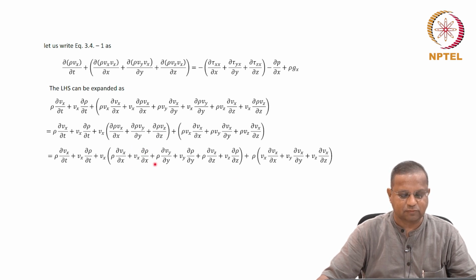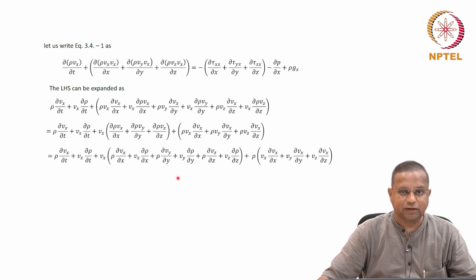So you get the other terms, plus ρ ∂Vy/∂y plus Vy ∂ρ/∂y plus ρ ∂Vz/∂z plus Vz ∂ρ/∂z. Plus this term, where I'm pulling the density out common: Vx ∂Vx/∂x plus Vy ∂Vx/∂y plus Vz ∂Vx/∂z.